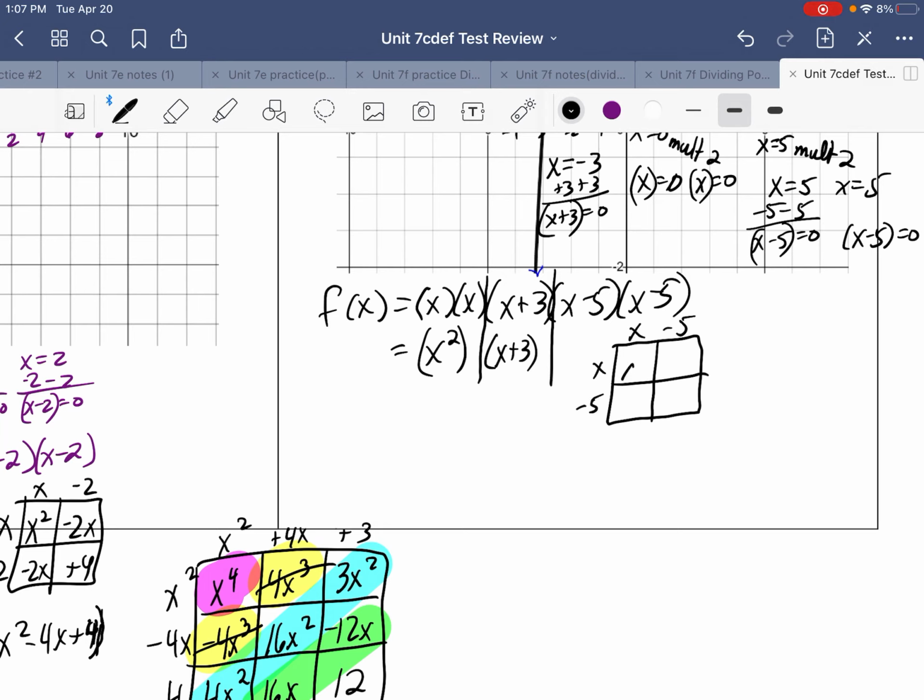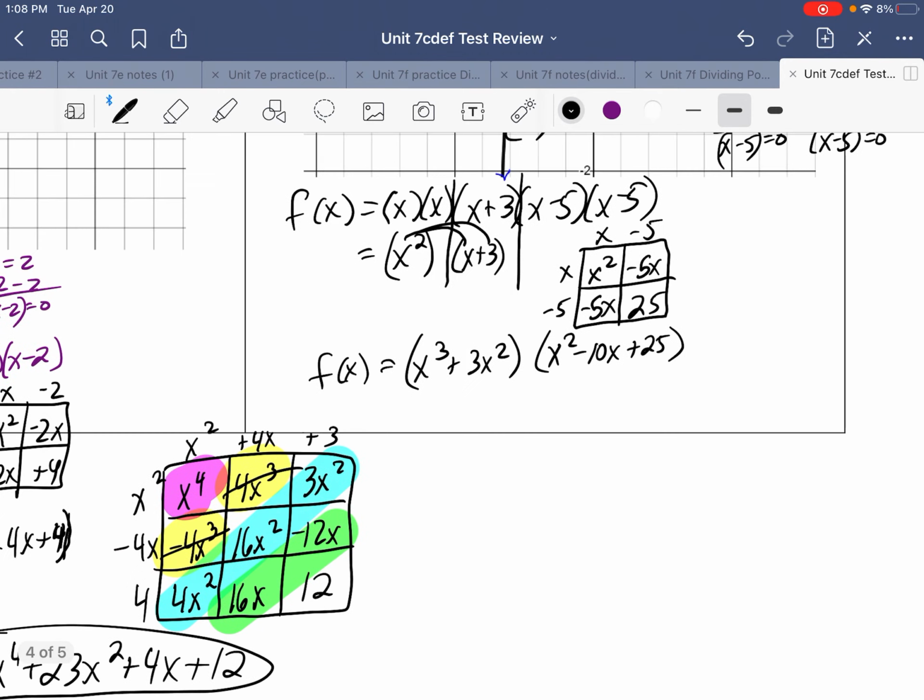And if you multiply these out enough, you probably already know the answer. You know that the negative 5s, you're going to add those up. And that's going to be negative 10x, and then negative 5 times negative 5 is positive 25. Some of you have already been picking up on that, I'm sure. Let's distribute in this x squared, so that's x cubed plus 3x squared. Now we have a binomial times a trinomial, so we got to work that out.